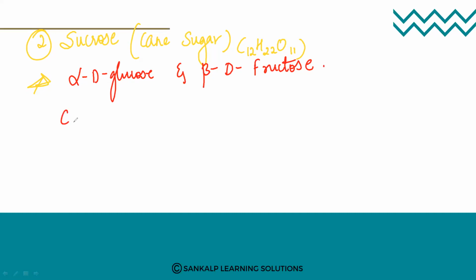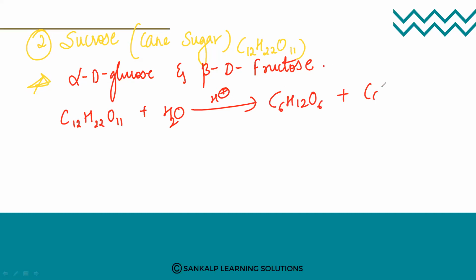So C12H22O11, when it undergoes acid hydrolysis, gives C6H12O6 plus C6H12O6, a glucose and a fructose.